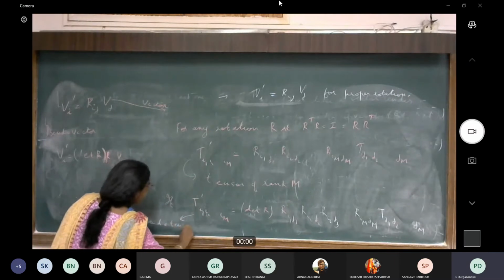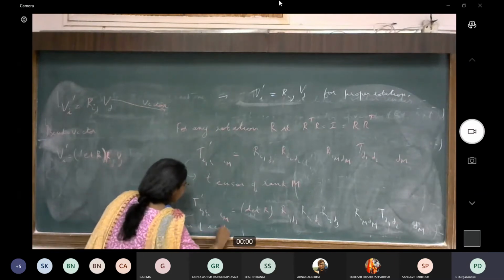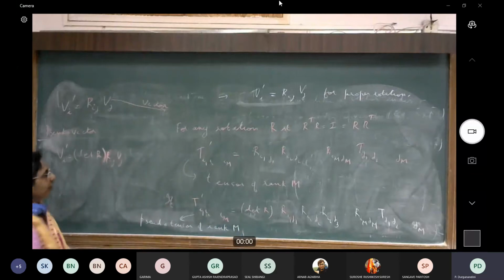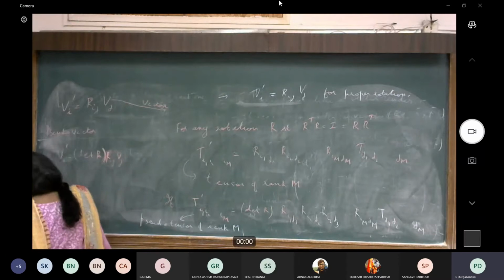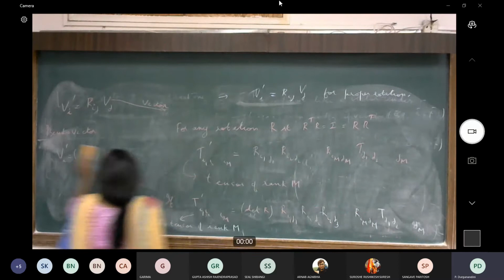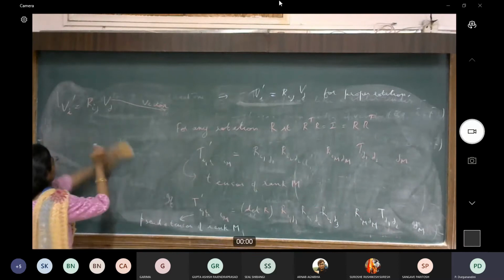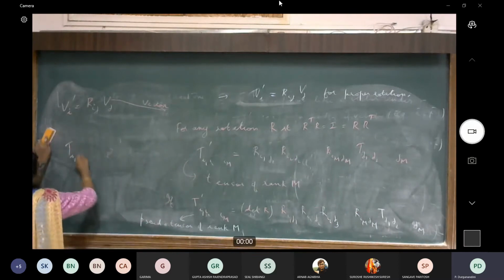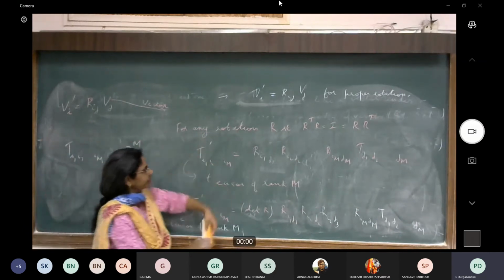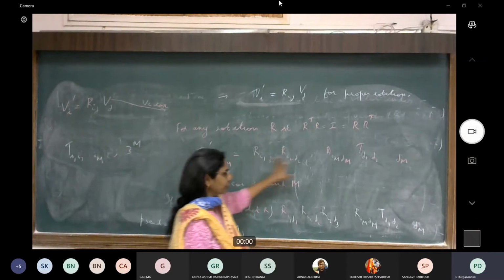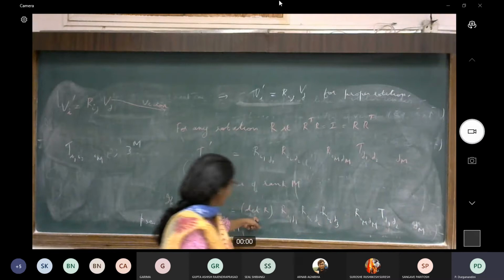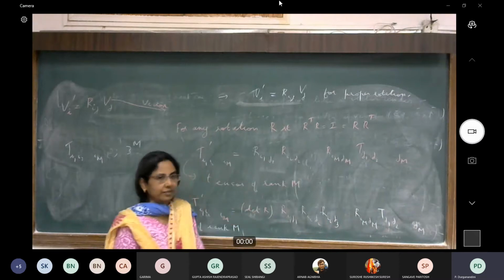Okay. So your T is therefore an object which has 3 to the power of n components, and if they mix up like the first line, irrespective of whether it's a proper rotation or an improper rotation, then it's a normal tensor of rank n. And if you get this additional determinant of R factor, then it's called a pseudo tensor.